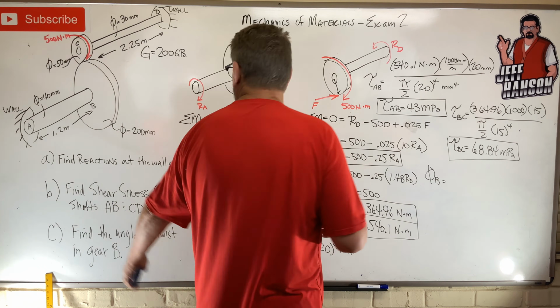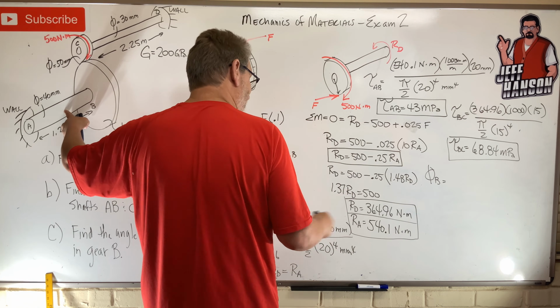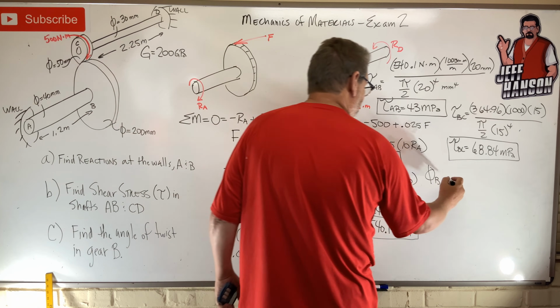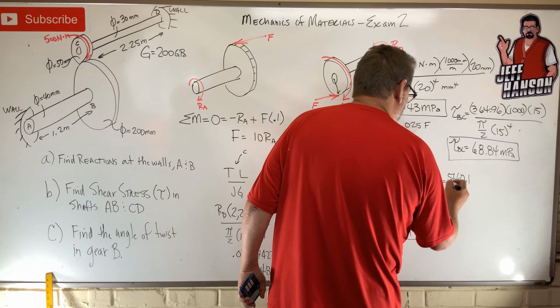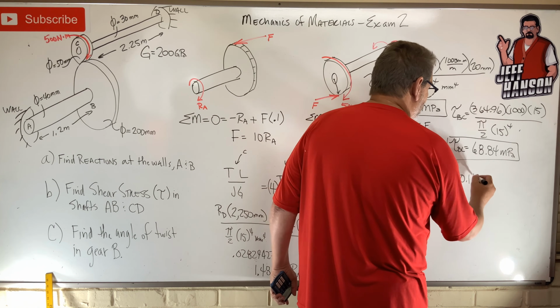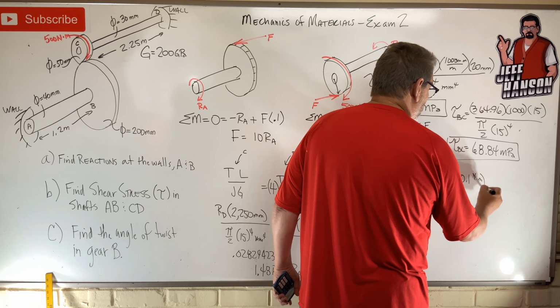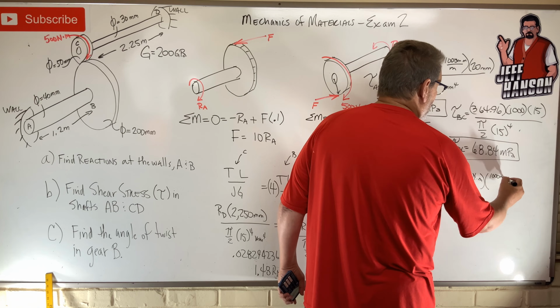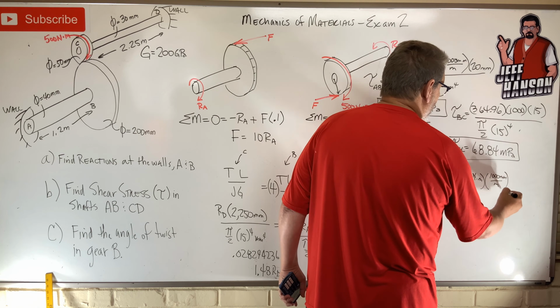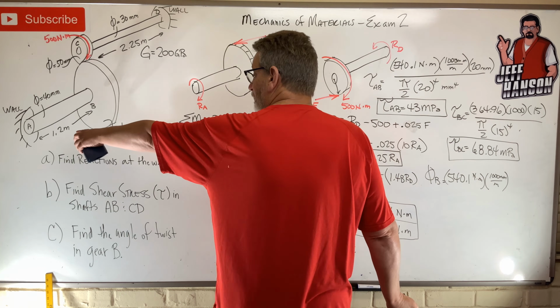So T, the torque in this shaft, is RA, which is 540.1. Okay? And again, that's Newton meters. So I'm going to multiply that again by 1,000 millimeters per meter. And then L is in what? 1.2 meters.